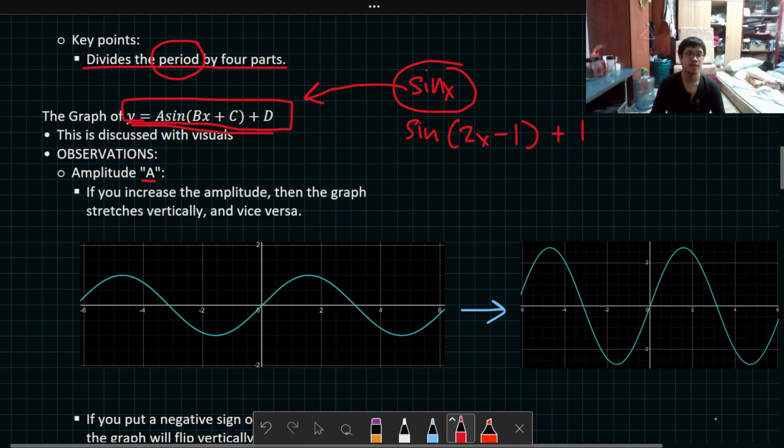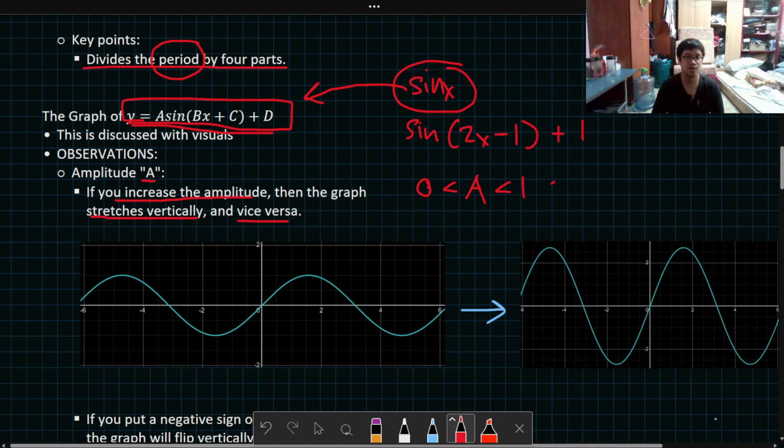So if you increase the amplitude, then the graph stretches vertically and vice versa. I think you've already seen how it looks, right? If you increase it positively, it will stretch. But if A is, let's just say, between 0 and 1, you know that it's not going to stretch.